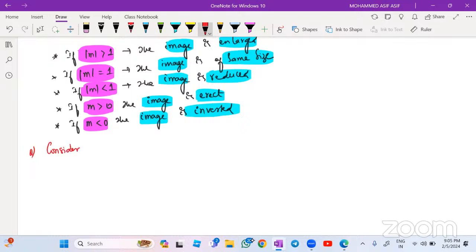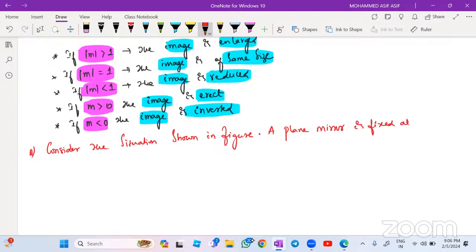Consider the situation shown in the figure. We have a plane mirror fixed at a height of 30 centimeters above the bottom of a beaker containing water.